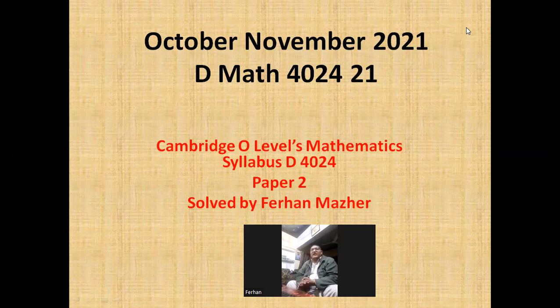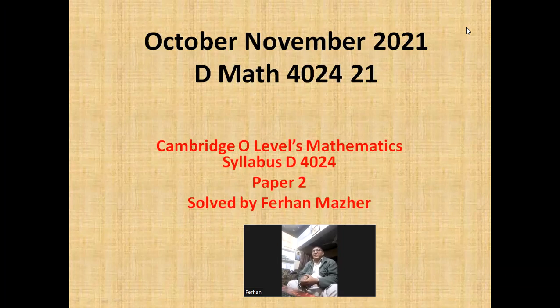Right now, I am with the 11th Cambridge class, and the subject we are studying is D Maths 4024. This is Cambridge O Levels Mathematics Syllabus D. Today, we have set our hearts to solve Paper 2, and we have selected October November 2021.